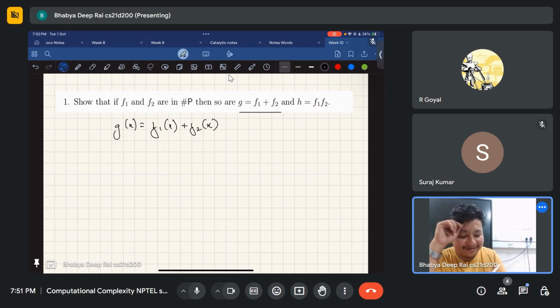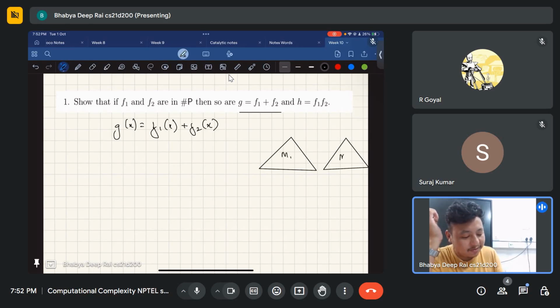You are very close. So this is what I think we both are imagining. This is for f1 and this is for f2. This is machine M1's run, this is M2's run, and there are accepting paths and rejecting paths.